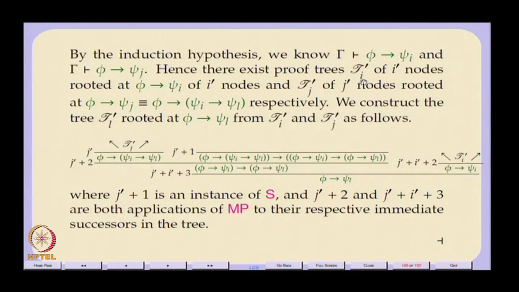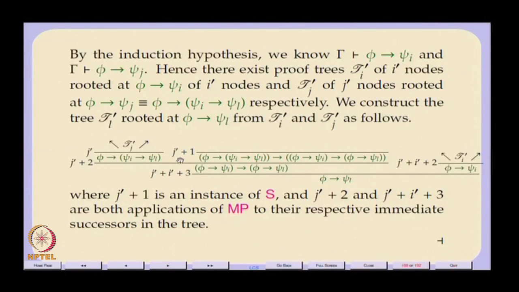So, I am assuming that this proof tree T i prime has i prime nodes and this proof tree has j prime nodes, and if I am going to combine them I have to make step numbers unique and so on and so forth. That is the basic bookkeeping which has to be done. So, let us assume that this tree T j prime is rooted at phi arrow (psi i arrow psi L), right, and there is this tree T i prime rooted at phi arrow psi i. Okay.